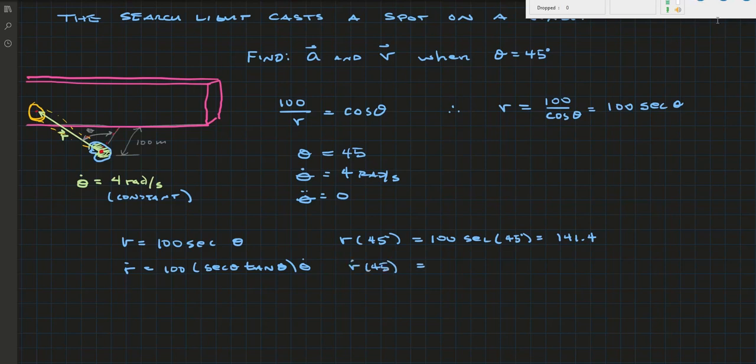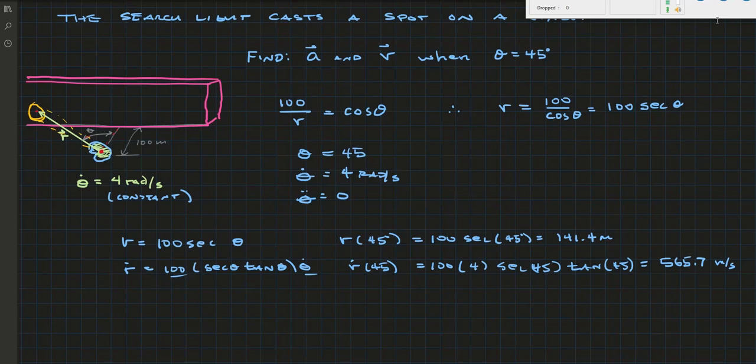So at 45 degrees, we're looking at 100 times this, which is given as 4 rads per second, times the secant of 45 times the tangent of 45. So it's 565.7 meters per second.